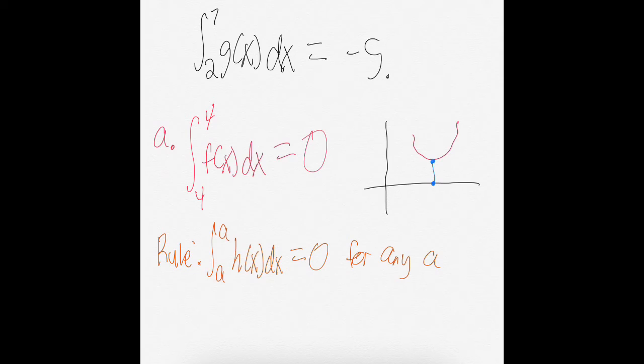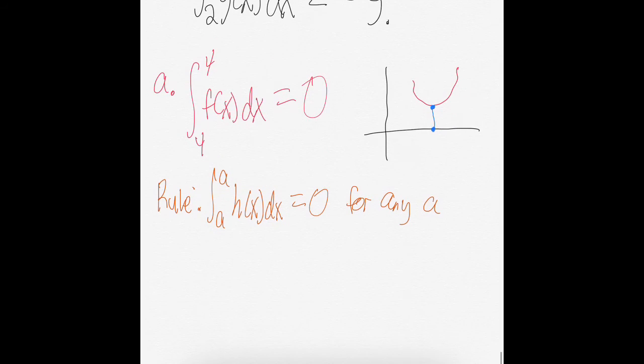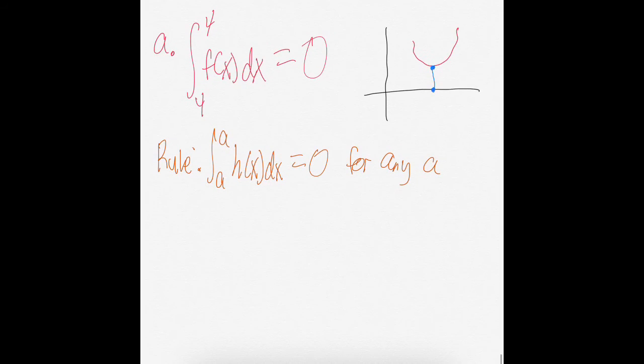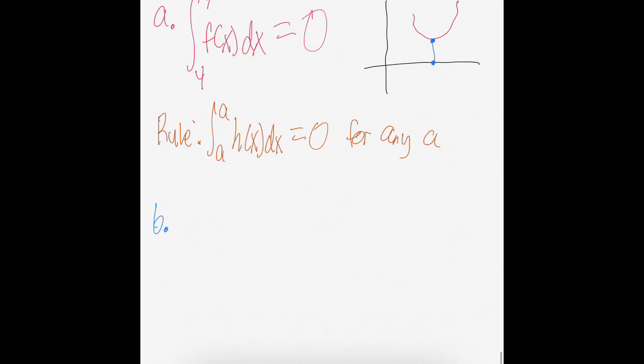If I wanted to find the area under the curve from x equals 4 to x equals 4, then all that I'm asking for is the area under the curve of just this one segment. And the area of one line segment is 0. A line segment has no area. So that's the basic idea in terms of why that is equal to 0.